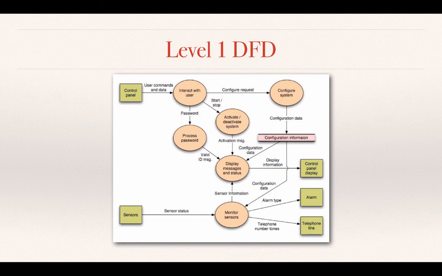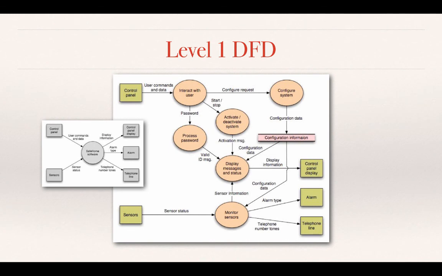Let's bring back the level 0 data flow diagram to better see what this means. Information conformity means that the inputs and outputs of the processes you are refining do not change. So we're refining the system process, which, as you can see, is the only bubble in the level 0 diagram.